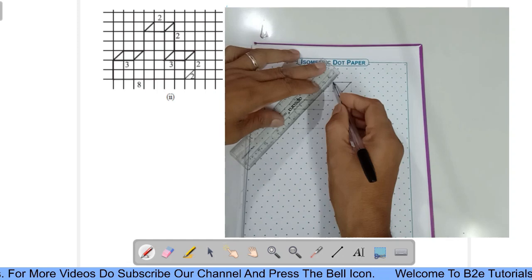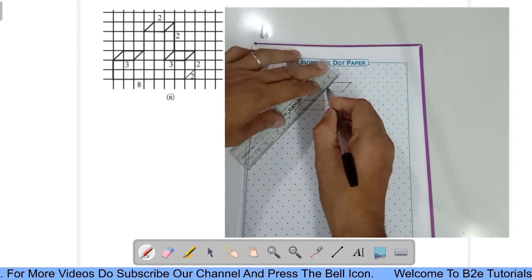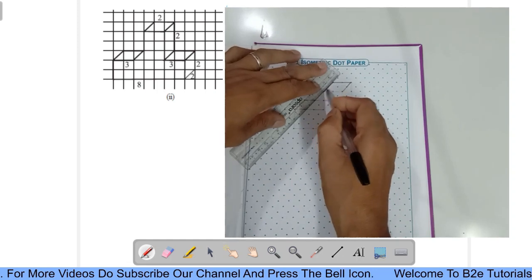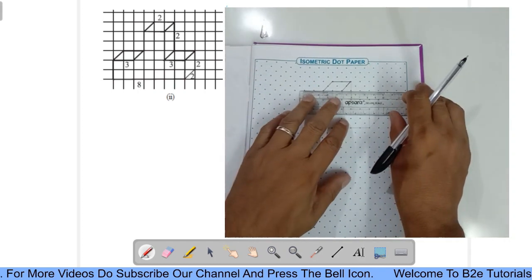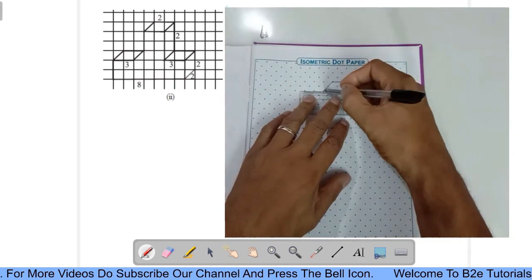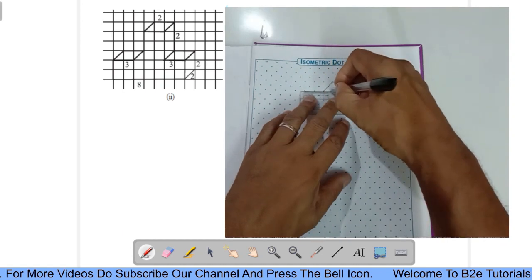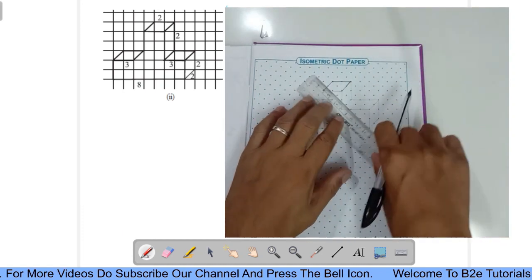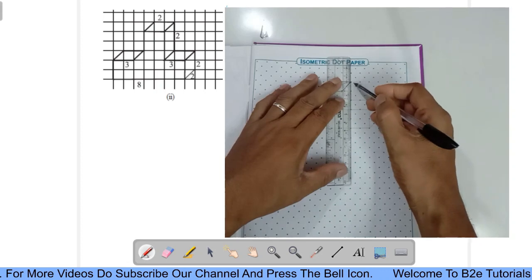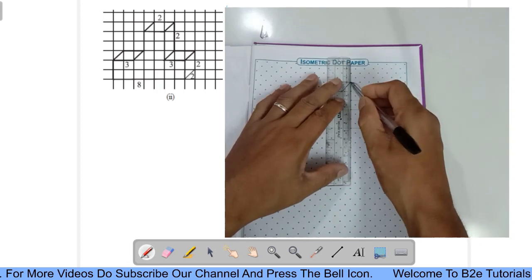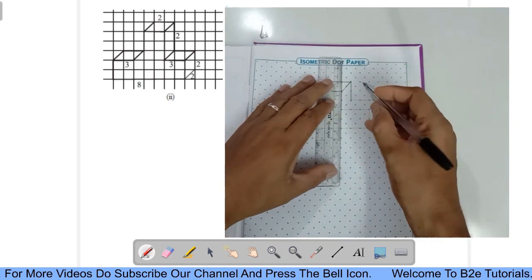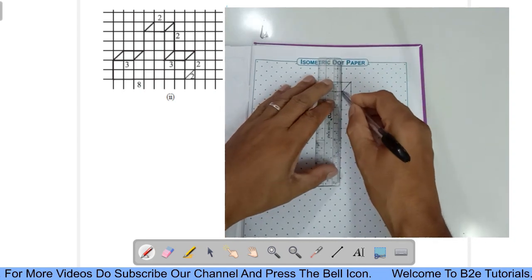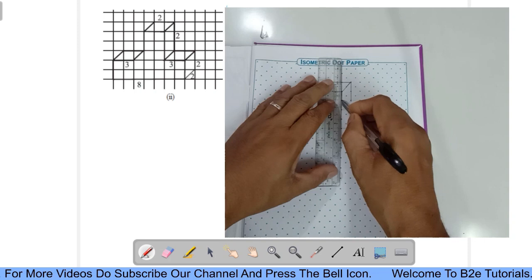Then again 2, and again 2. This becomes a square. Then below again take two dots, that is 2 centimeter. Then again 2 centimeter, that is 2 dots.